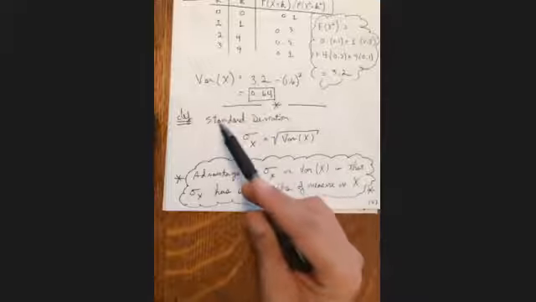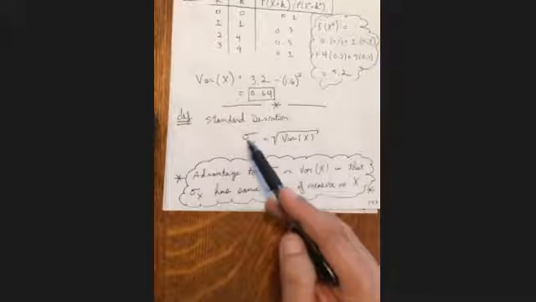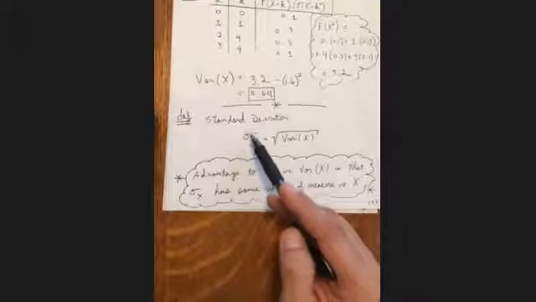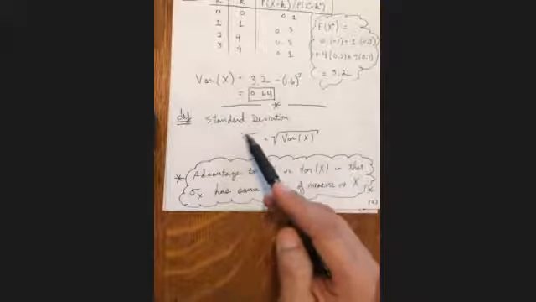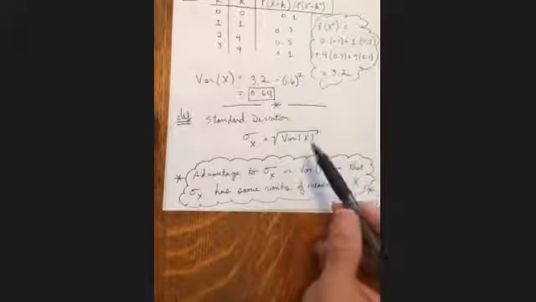Okay, so the standard deviation, which we denote by sigma, which is a lowercase s in the Greek alphabet, is equal to the variance square rooted. So once you know the variance, you get the standard deviation for free. All you have to do is take the square root.